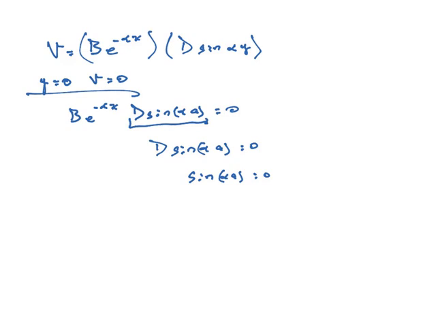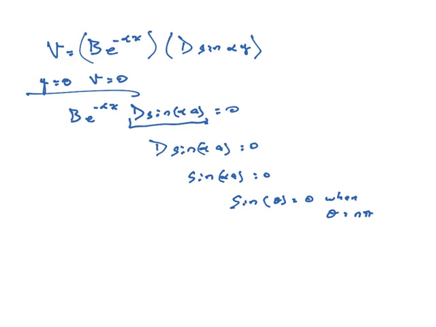So when is the sine function equal to zero? Sine of something equals zero when theta is equal to n pi, right? When theta is zero, sine is zero. When theta is pi, sine is zero. When theta is 2 pi, sine is zero.